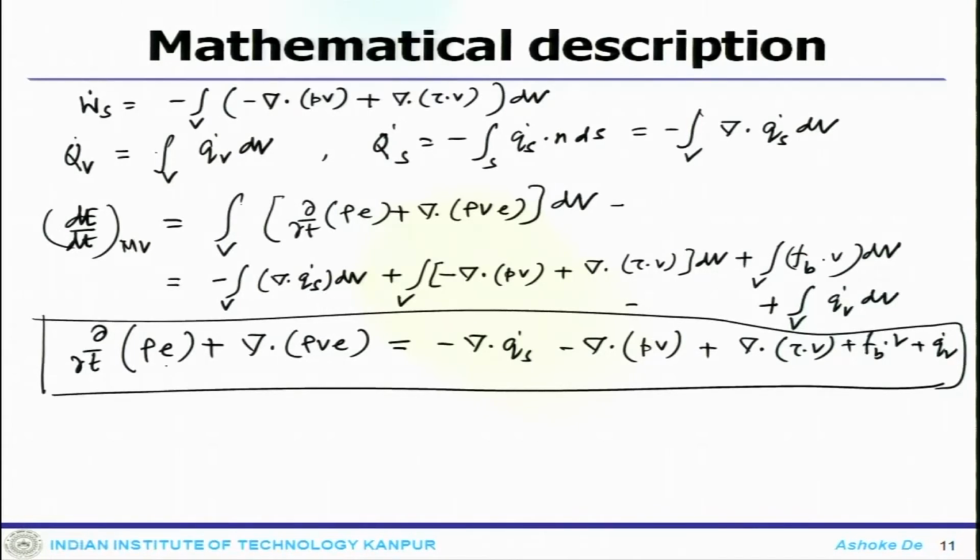Now, this is written in a total energy form, where E is the specific total energy.